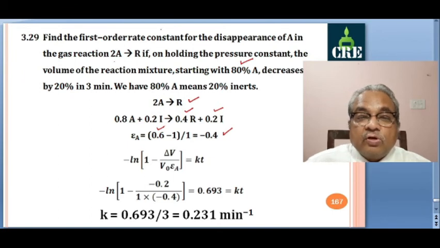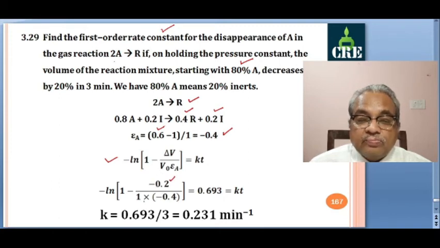Reaction is first order. So for the first order we know for variable volume reactor this relationship we have already derived. Minus ln of 1 minus delta V by V0 into epsilon A, that is equal to KT. Delta V is known, volume is decreased by 20%, so 0.2, and it is decreasing, so minus 0.2.